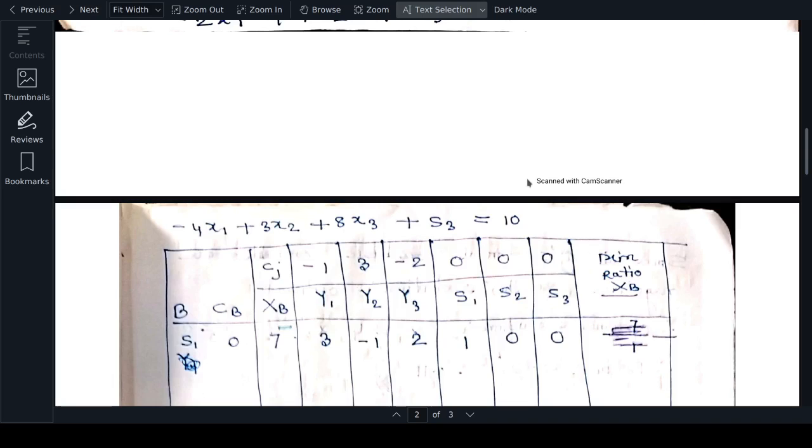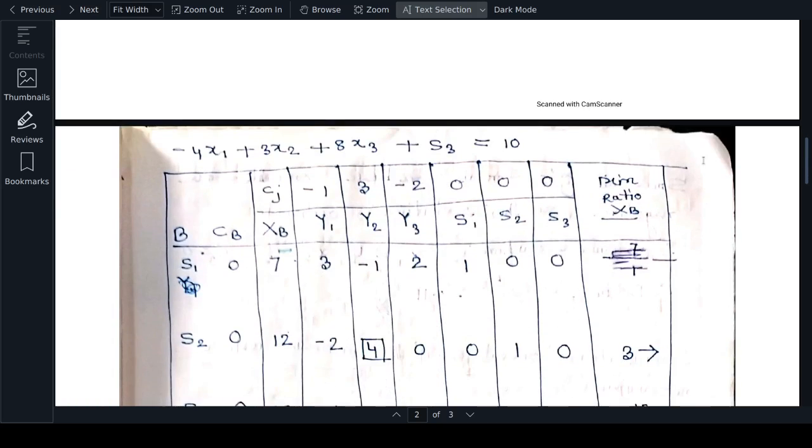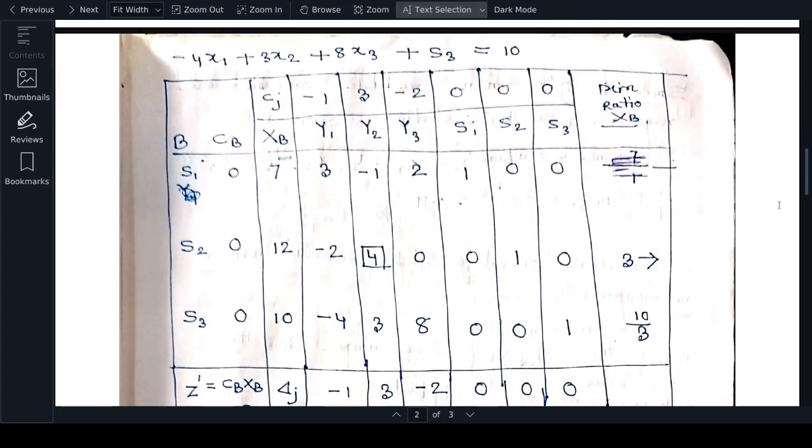I'm making the pivot table. So how? Anuj, next what we do?